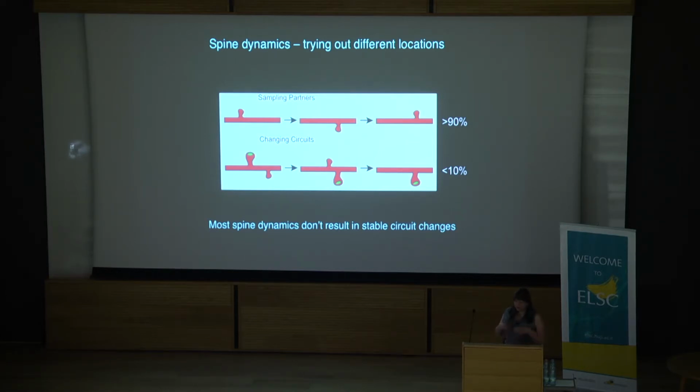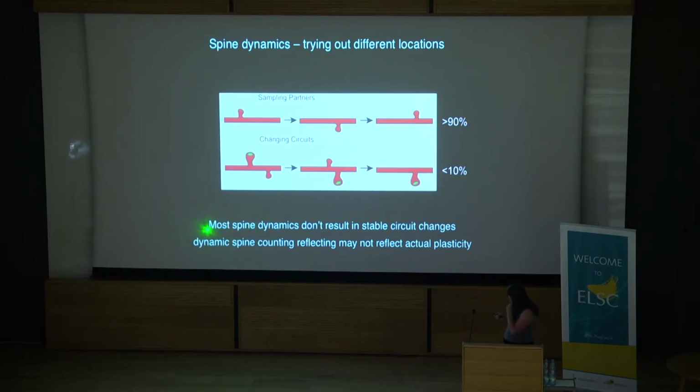And we all know that activity is a driving force for plasticity. So the question is, at what stage does experience, oh, sorry, I already said this. So basically, most of these are trying out different locations.